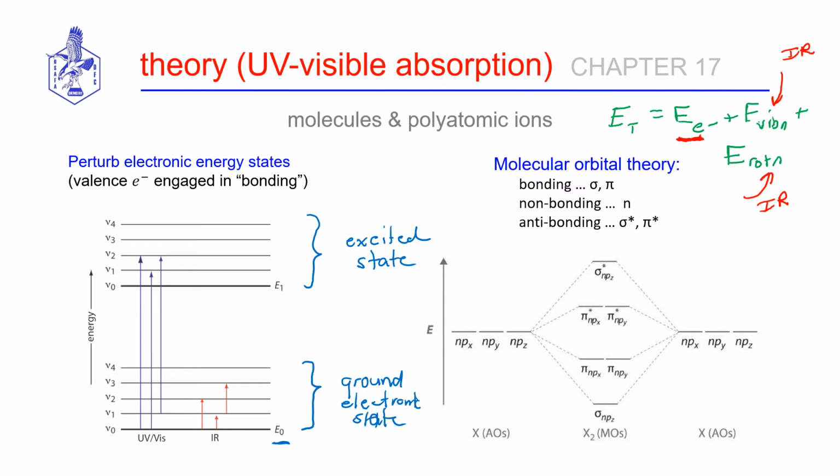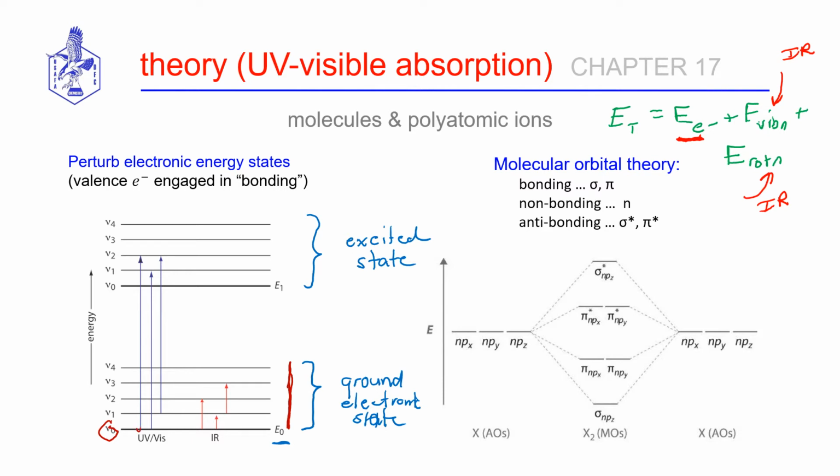and absorb a photon. You will notice embedded within any of the electronic states there's a series of vibrational energy states. So when that excitation occurs, not only do we change the electronic energy state, but we also change the vibrational energy state.